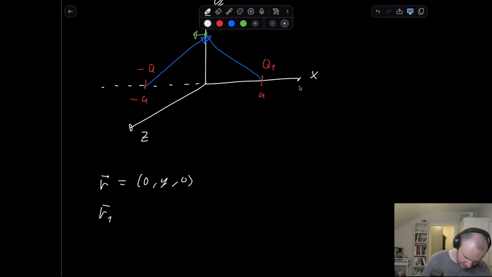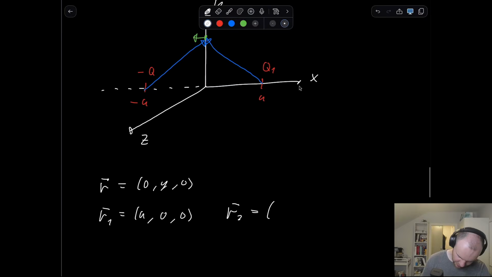R1 is the positive one, so that's A, 0, 0, and R2 is just minus A, 0, 0. Why did I think about y? It's the x-axis. Don't stress.